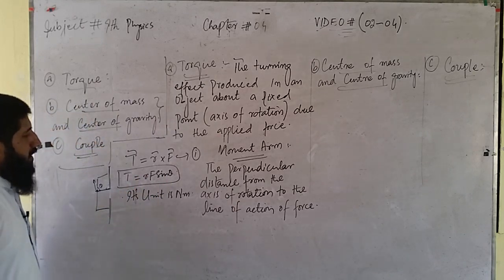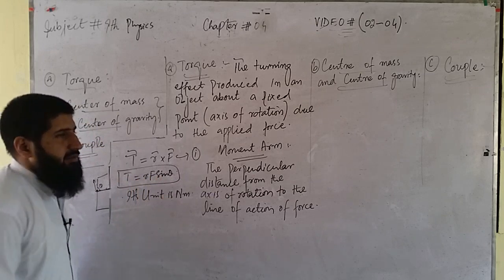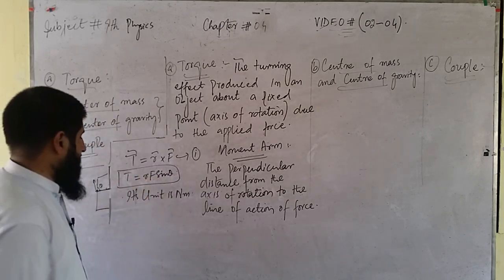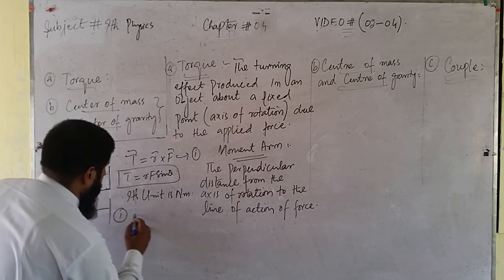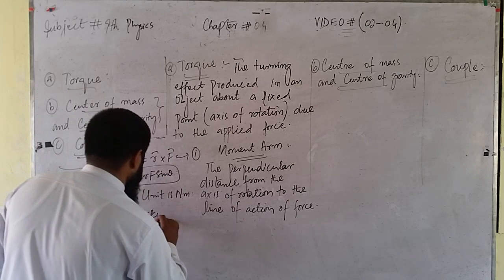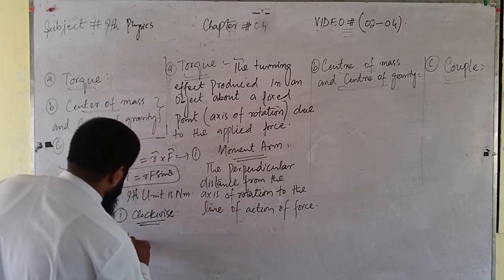Now, how many types of torques? We have two types of torques: clockwise and anti-clockwise. Clockwise is the same as the direction of the needles of a clock, and anti-clockwise is opposite to the direction of the needle of a clock.